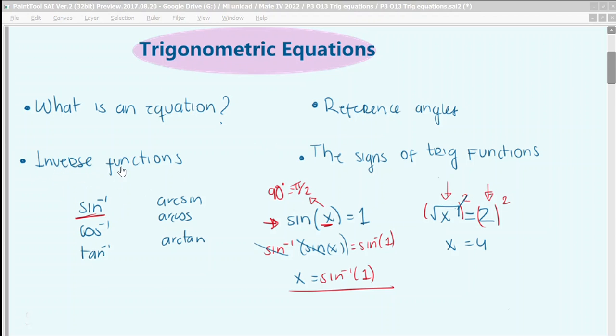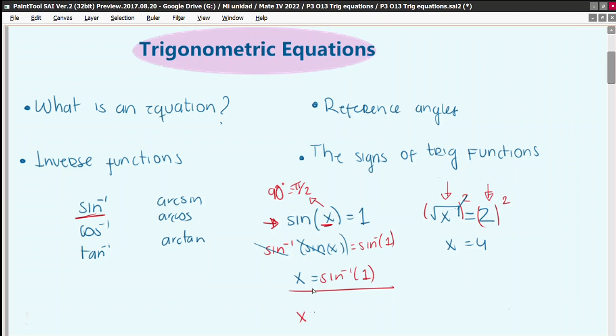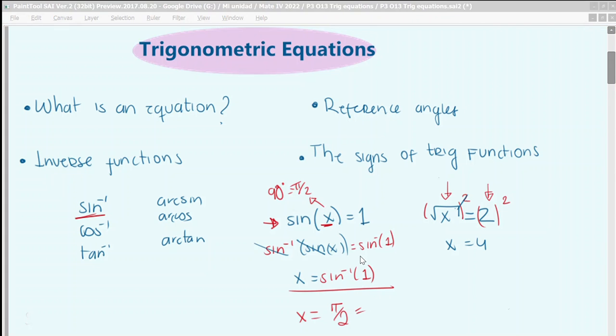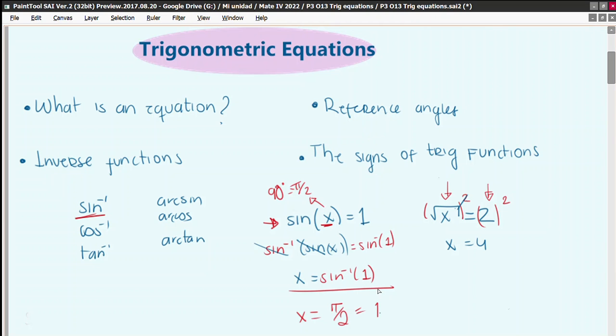Okay? So if you want to believe me, let's do pi over 2, and that is the exact same value. So x equals pi halves, or like the ugly calculator says, 1.57. The exact same solution we found at the beginning.